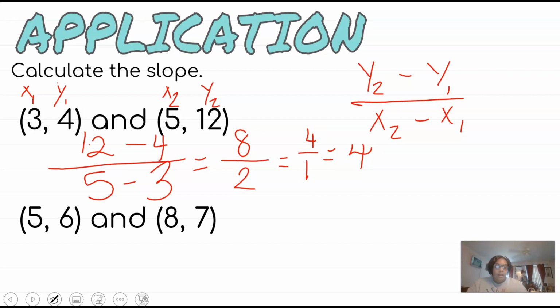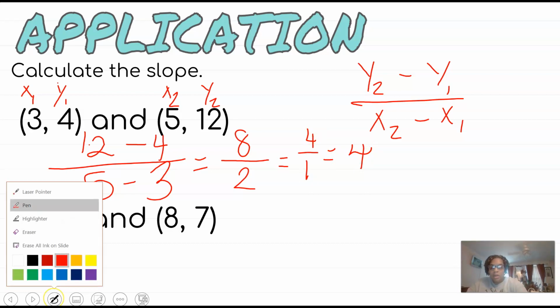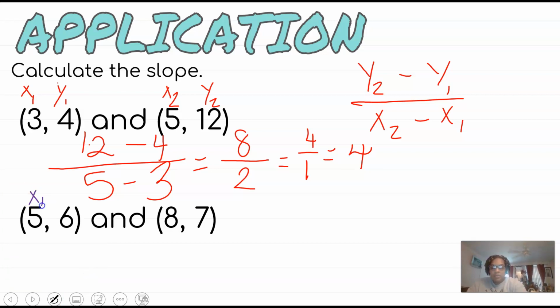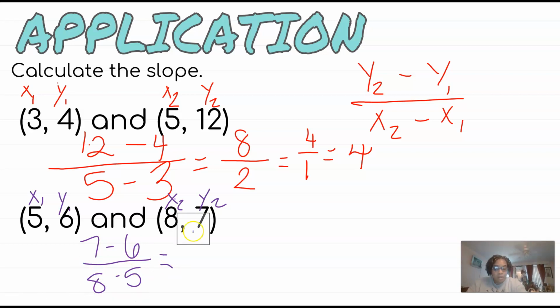Okay? Now your next question: you have x1, y1, x2, y2. So 7 minus 6, and 8 minus 5. 7 minus 6 is 1, and 8 minus 5 is 3.